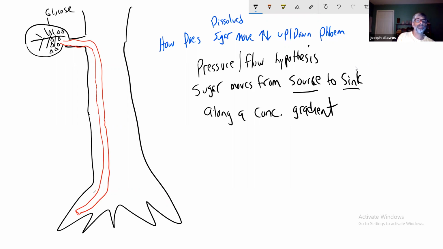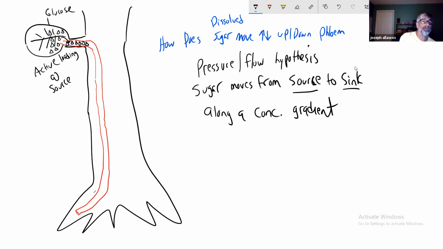And what we're going to do at the source is what's called active loading. Active loading at the source. What that means is we're going to actively move the sugar from the leaf into the phloem at the source.